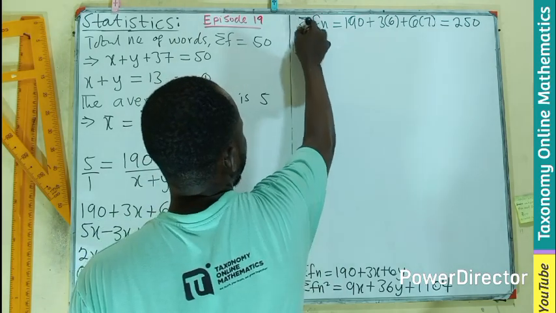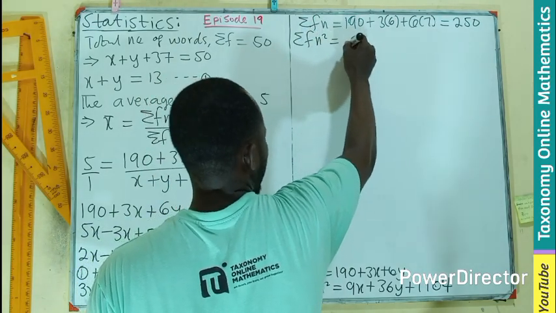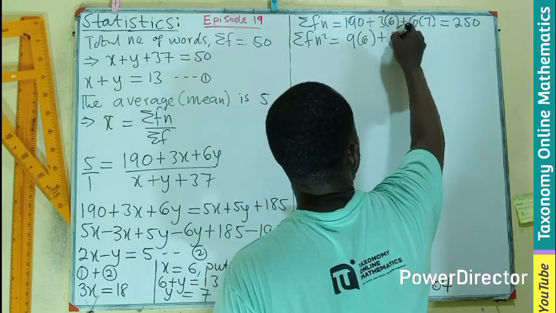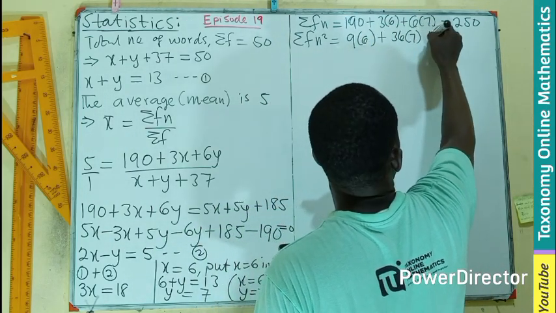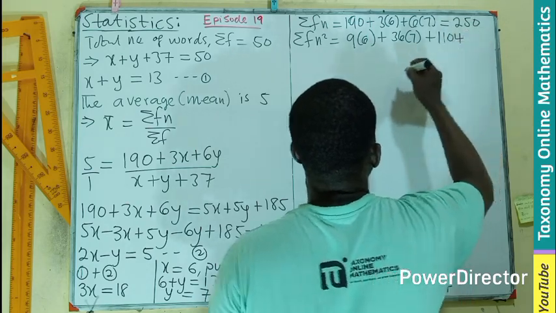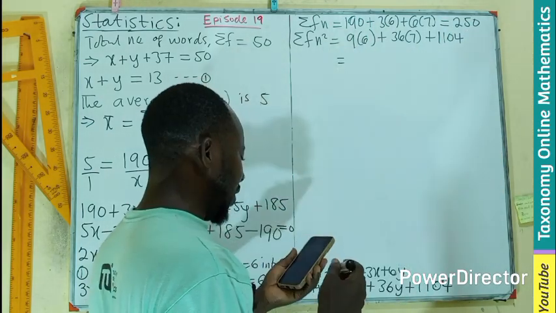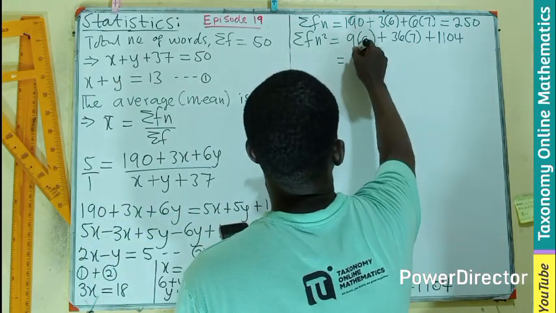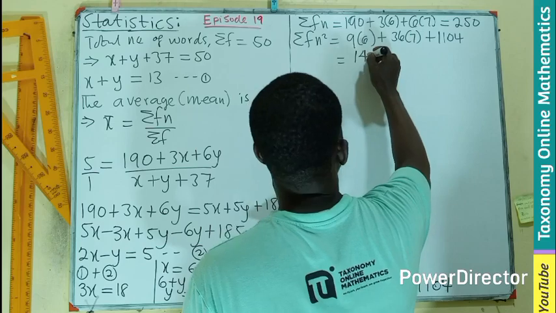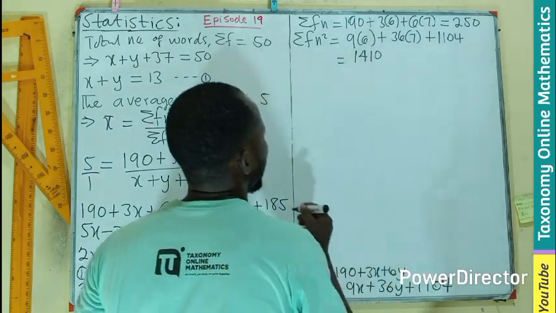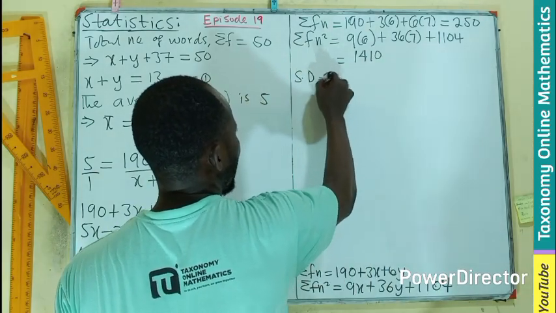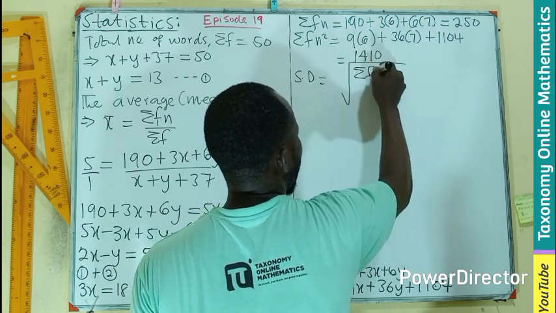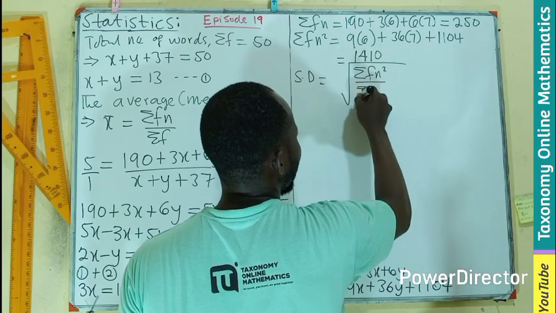The next we need is sigma fn squared, which is also 9 times 6 plus 36 times 7 plus 1104. Let's check that out and see the total. That will also be giving us 1410.